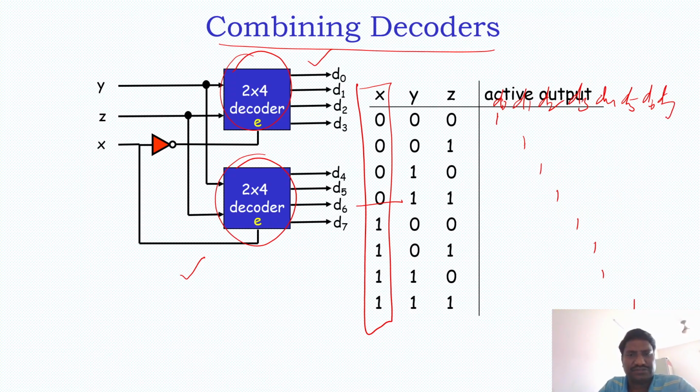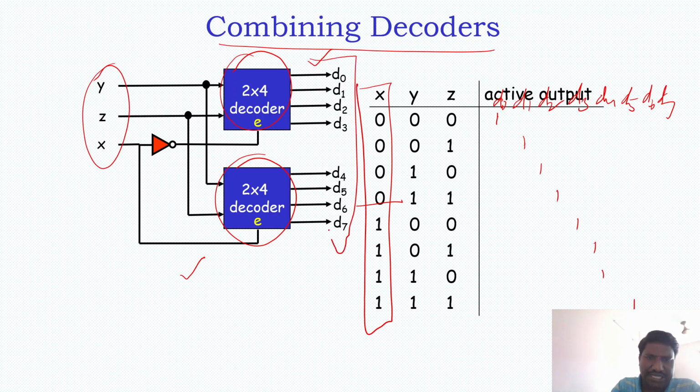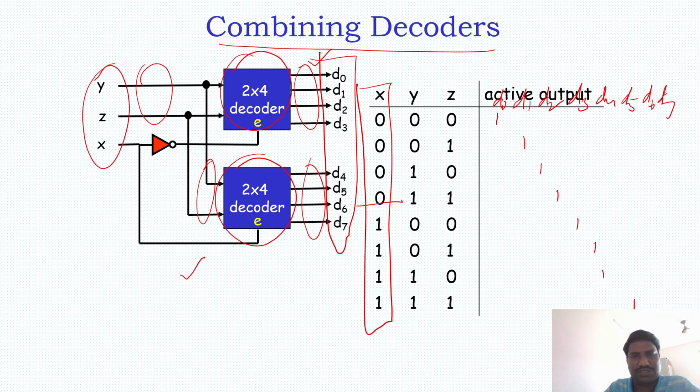D0 to D7. Right? So what did we do? We have 3 inputs. We got 8 outputs. But what we have is a 2 to 4 decoder where 2 inputs, 4 outputs. So what we have converted it to is 3 inputs, 8 outputs, 4 outputs plus 4 outputs, 8 outputs.